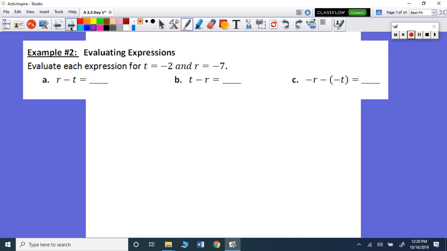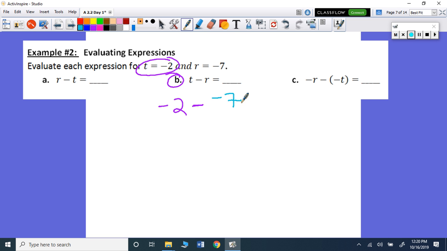All right, Lily, pick for me A, B, or C. B. Okay, awesome. Second period picked A. You have problems like this again tonight, where you're given an expression and you have to substitute in who is what. So, -2 is T. I copy my minus. What does it tell me to put in for R, guys? -7.